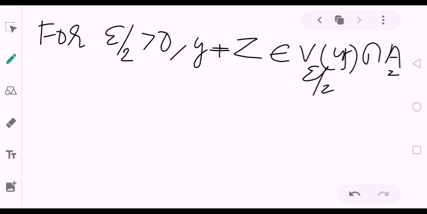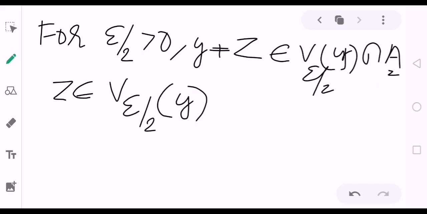Such a point is z. So z is an element of V epsilon by 2 of y, and z is an element of A.